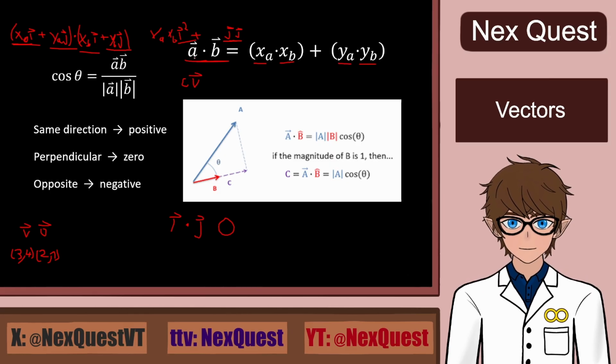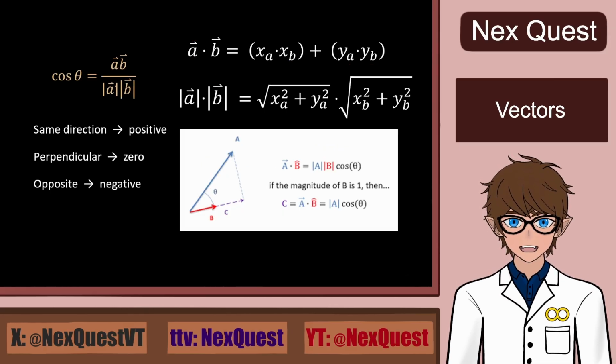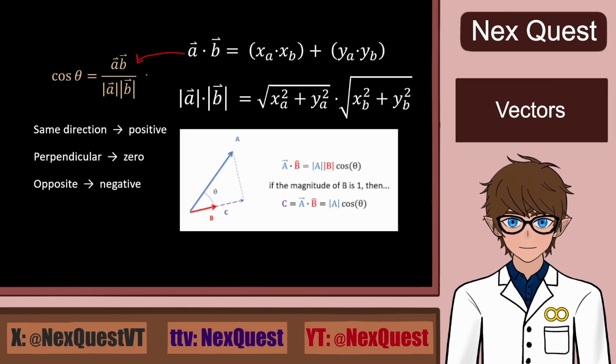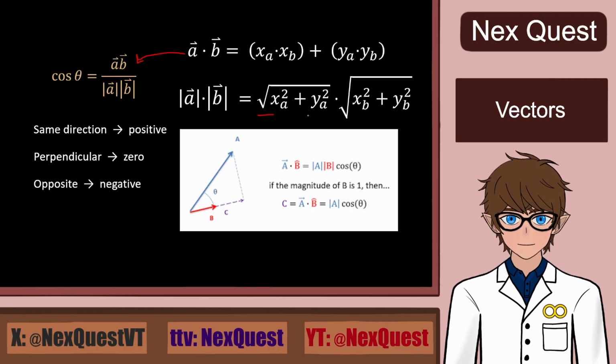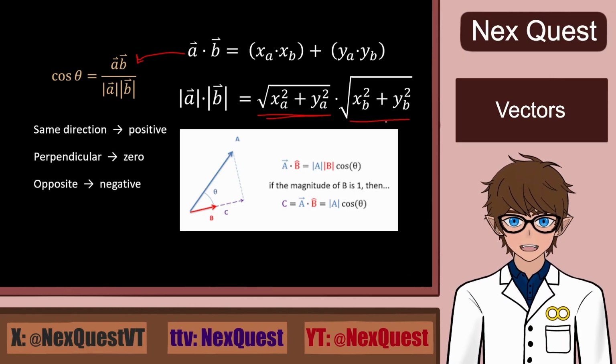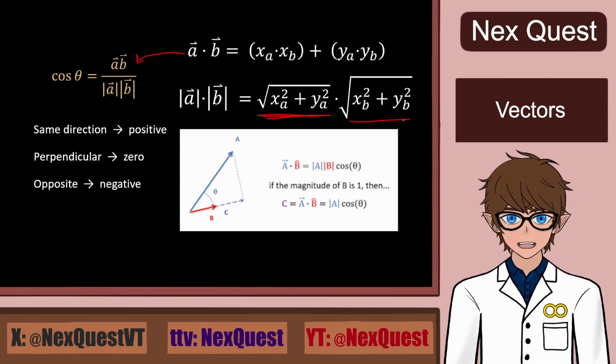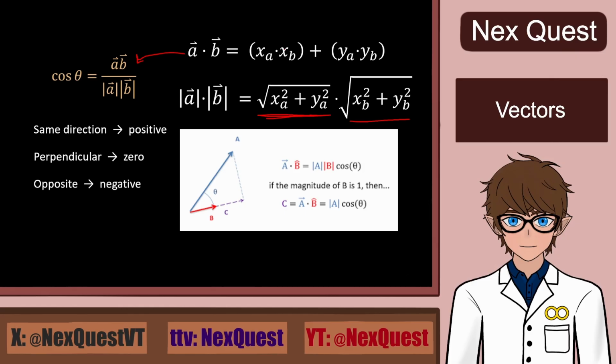But basically, I can also rewrite the distances, or the magnitudes, as Pythagorean theorem ones, so I get the individual value for the magnitude of vector A and the magnitude of vector B, and multiply them together. If I set a fraction of these two values, I will get the cosine of theta, or the angle.